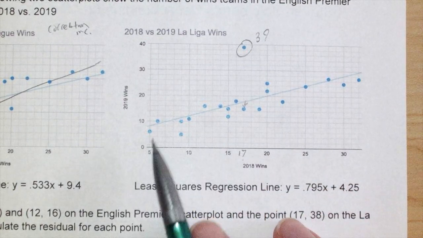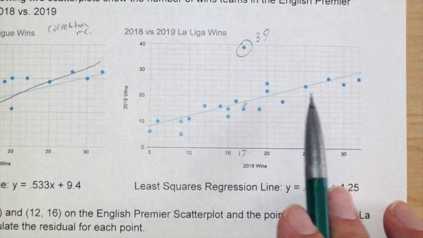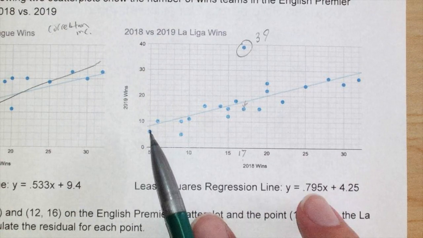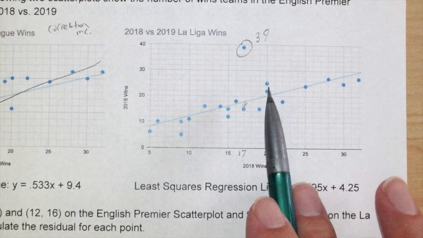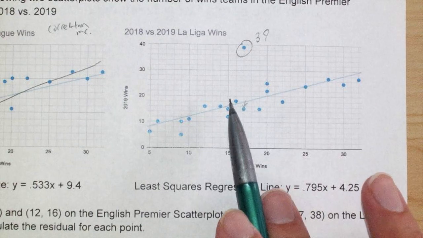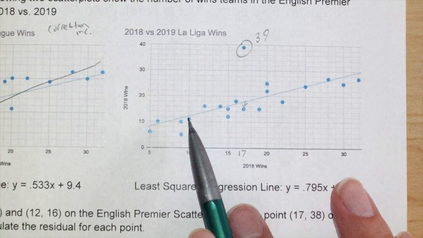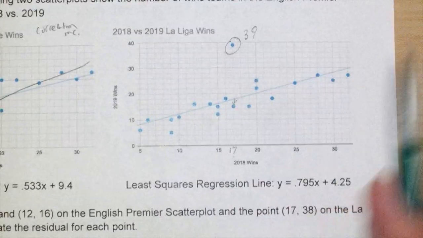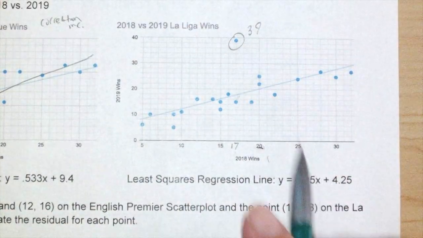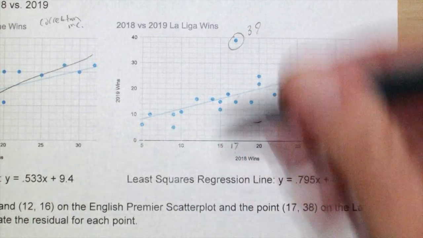And now if you think, what points here are being the worst represented? We have a lot of points that are below the line, and only really 2 points that are much above. So many of the points are below the line, and that's because my line is only being pushed up by this point.